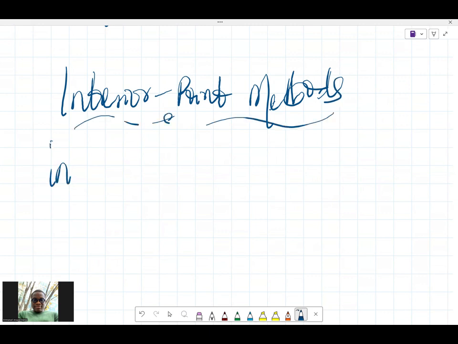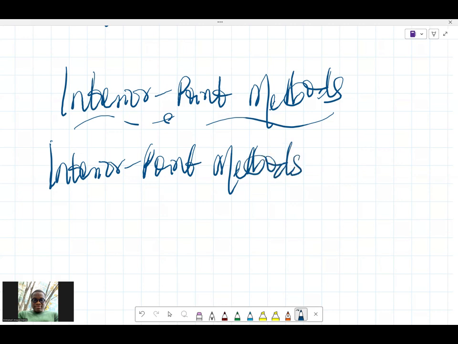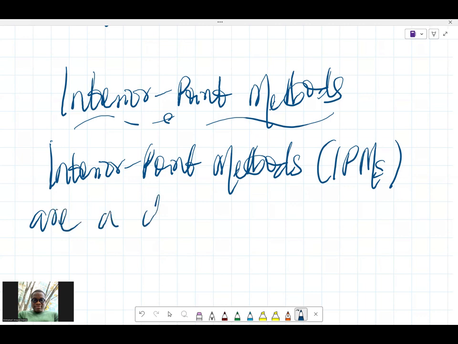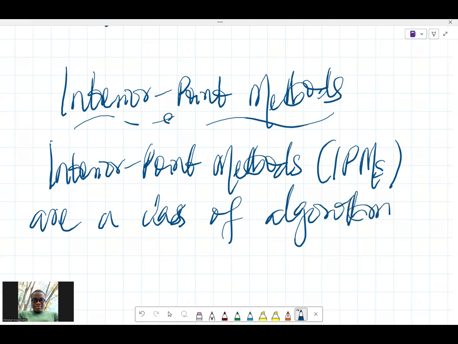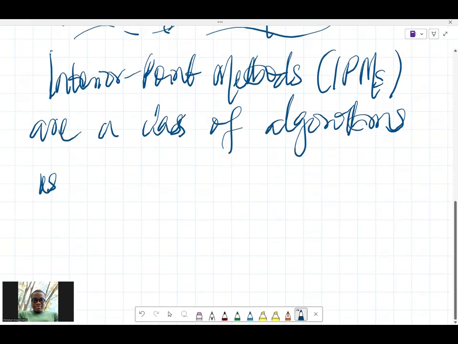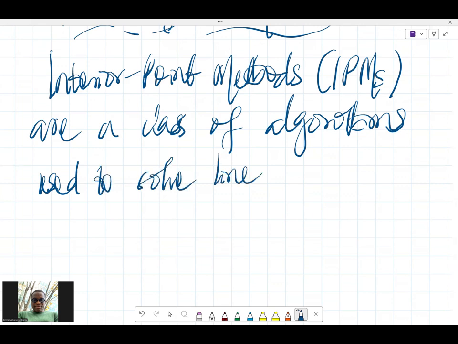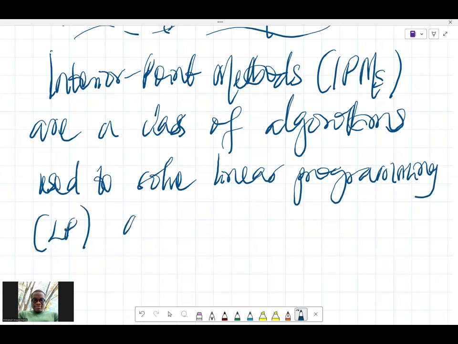Okay, so interior point methods, the IPMs for short, are a class of algorithms used to solve linear programming, or LP, and convex optimization problems.